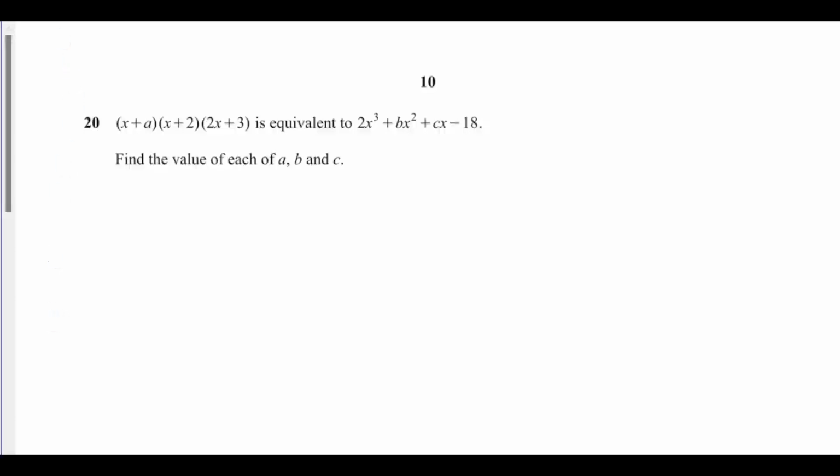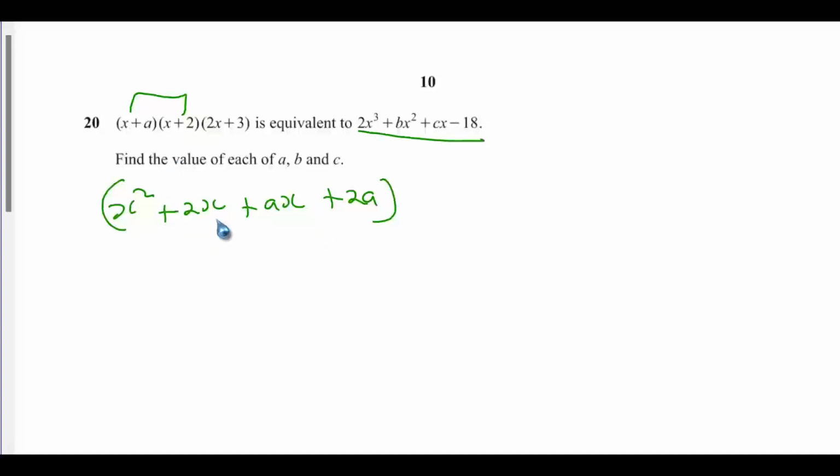That will be question 20. Question 20, x plus a into x plus 2 into 2x plus 3 is equivalent to this expression here. Find the value of each of a, b, and c. So if you expand these two expressions, you will get x squared plus 2x plus ax plus 2a.